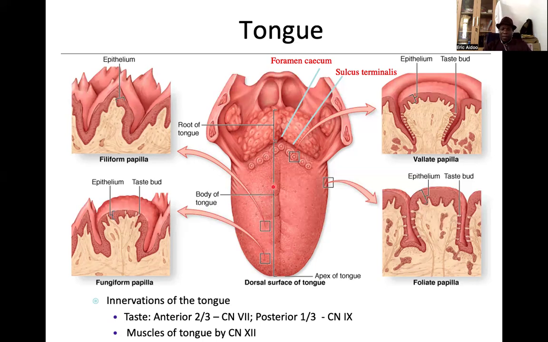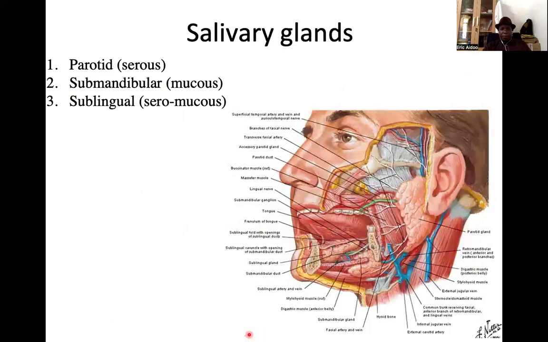So you look at that and you move on. So here, taste for the anterior two-thirds is cranial nerve 7, the posterior one-third is the glossopharyngeal, and the muscles of the tongue are supplied by the hypoglossal nerve.